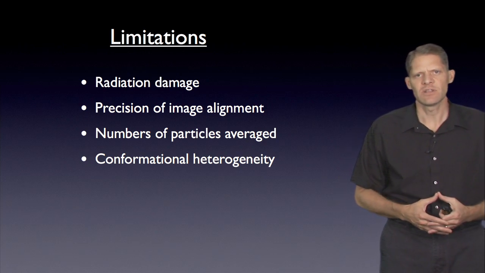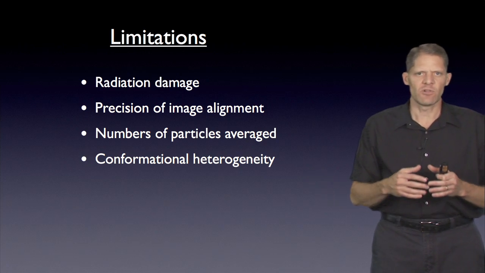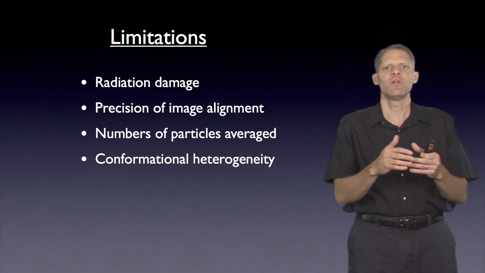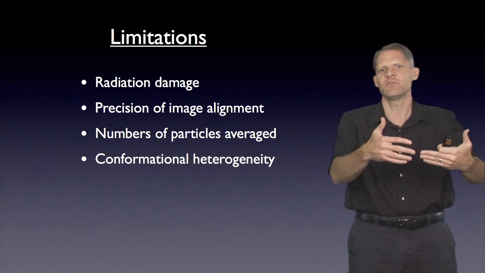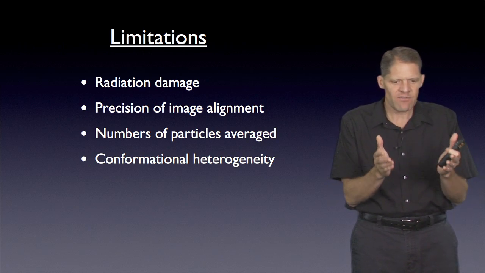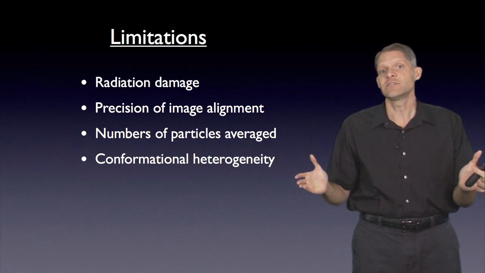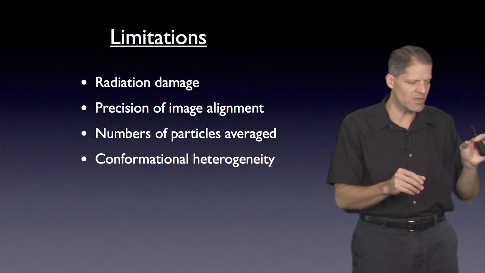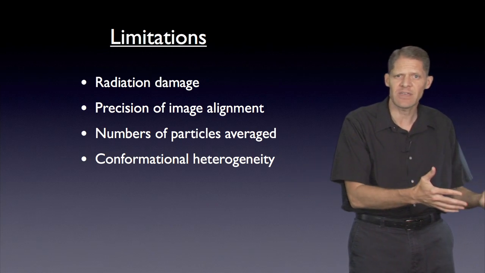Another fundamental limitation is conformational heterogeneity. Many of the largest protein complexes that we'd like to study are by their very nature flexible. They're doing some job, moving this to that or creating different kinds of pockets and interacting with different proteins. So they're intrinsically flexible. And if they have a small number of defined states, then it is possible to record images and then separate the images into each of the different states and solve structures of the different conformational states independently.